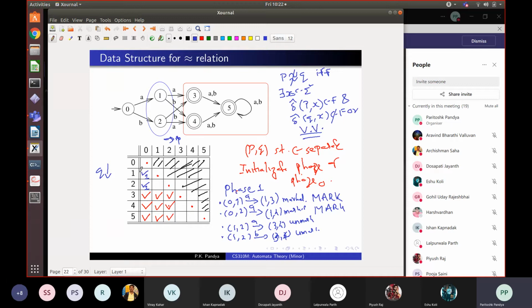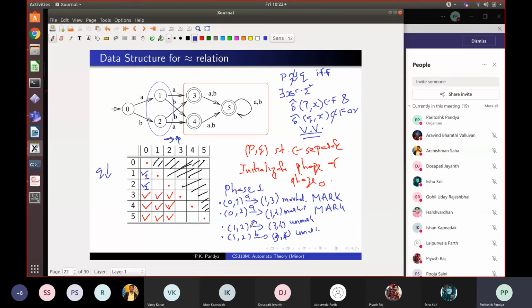So in this phase 1, two squares got marked, right? 2 elements of this diagonal got marked, and then we have to do phase 2 now. Because something got marked, by cascade, it will then mark some further squares in future. So now in phase 2, we consider the remaining squares, and we will consider 1, 2.